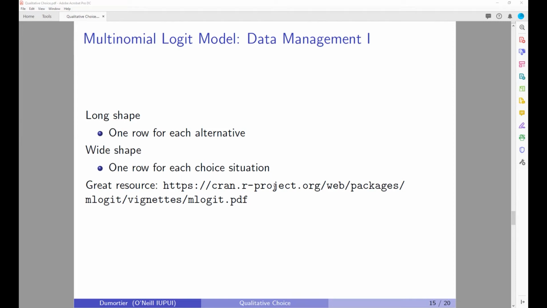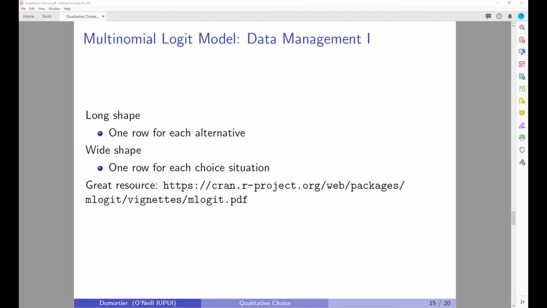One is called a long shape, and the other one is called a wide shape. Now note that if you are interested in the details of those shapes, you can click on the link on this slide and you will get to a PDF called mlogit, which offers a lot of help and explanation about those types of data setups.